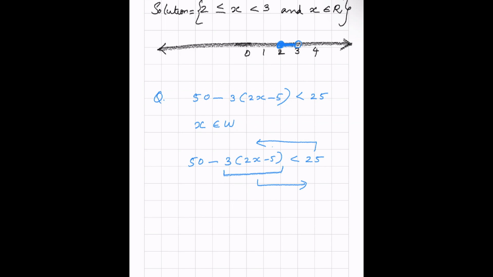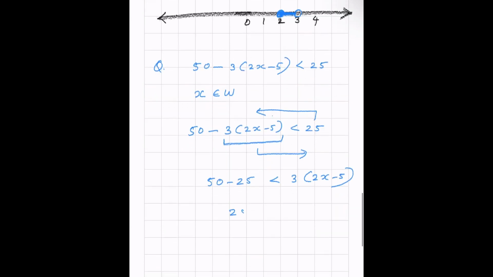That step we can avoid if we just wisely move it like this. So 50 minus 25 less than 3 times 2x minus 5. This will give me 25 less than 6x minus 15.